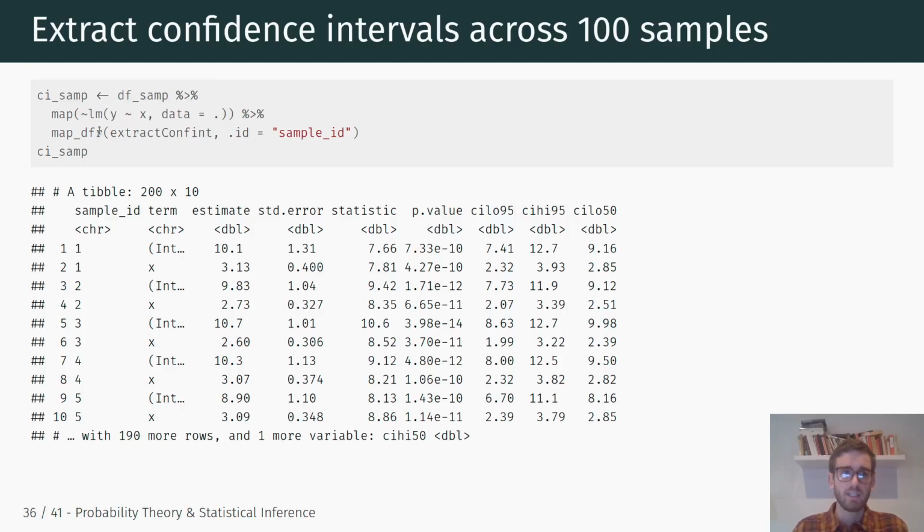But one thing that we're doing slightly differently is we're using map_dfr. What map_dfr does is it, again, applies a function to each element of the original list, but then rather than creating a new list as an output, it creates a data frame, and each output from the original command will be added to the data frame by row.